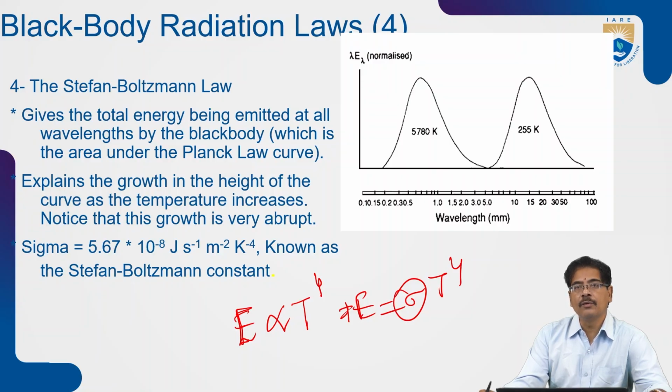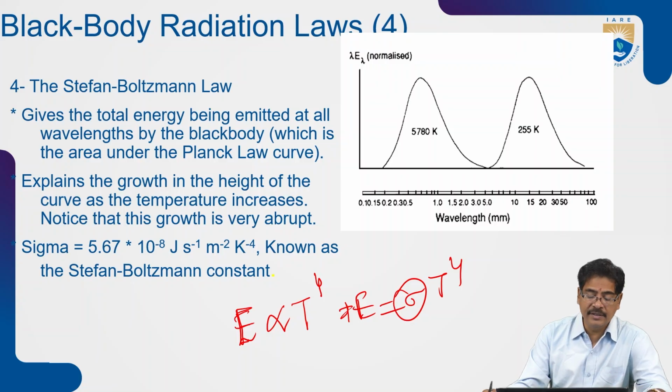So this explains the growth in height of the curve as the temperature increases, and you notice this growth is very abrupt. The Stefan constant sigma equals 5.67 times 10 to the power minus 8 joule per second per meter squared per Kelvin to the power 4, known as the Stefan-Boltzmann constant, right?